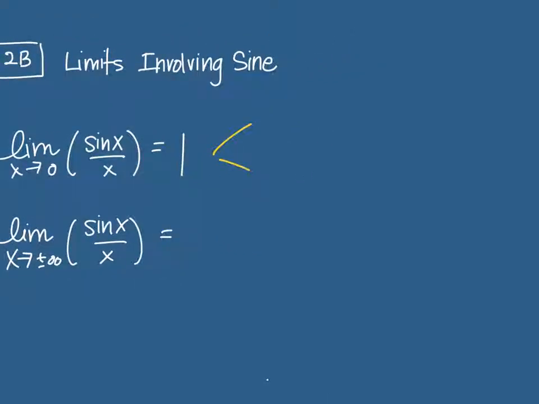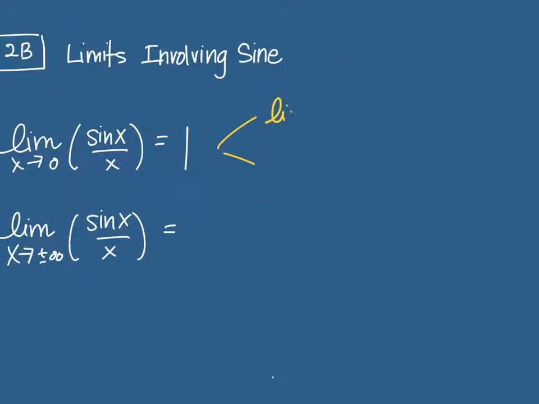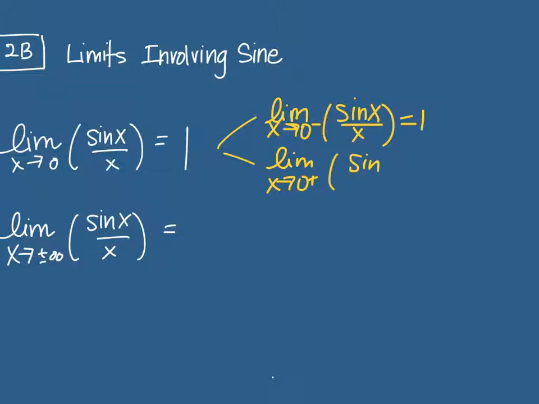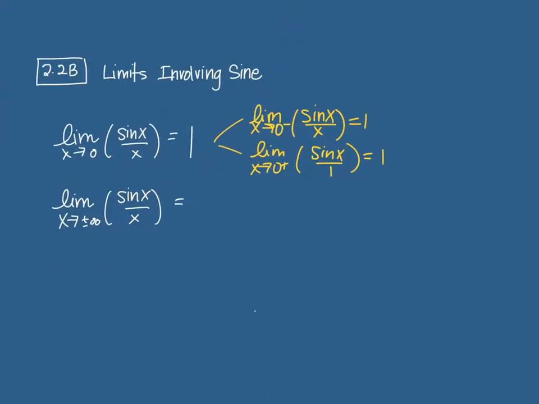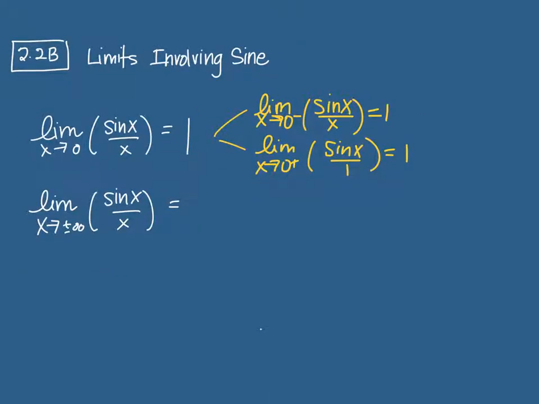I checked the limit as x approaches 0 from the left of sine of x over x, and it equaled 1. And we checked the limit as x approaches 0 from the right of sine of x over x, and it equaled 1. So even though there's a hole there, the limit is still 1. That's something you're going to need to memorize.